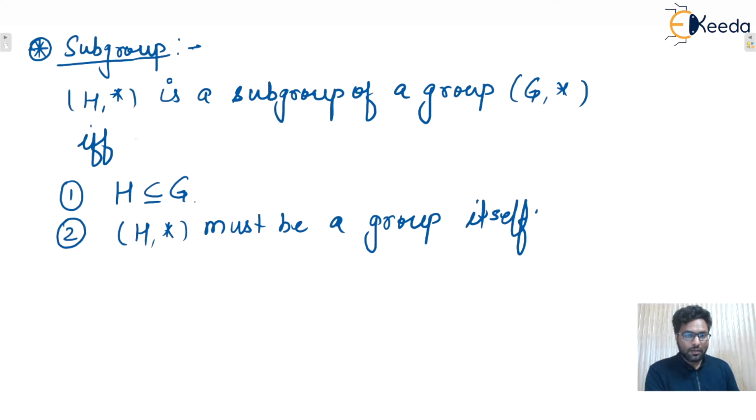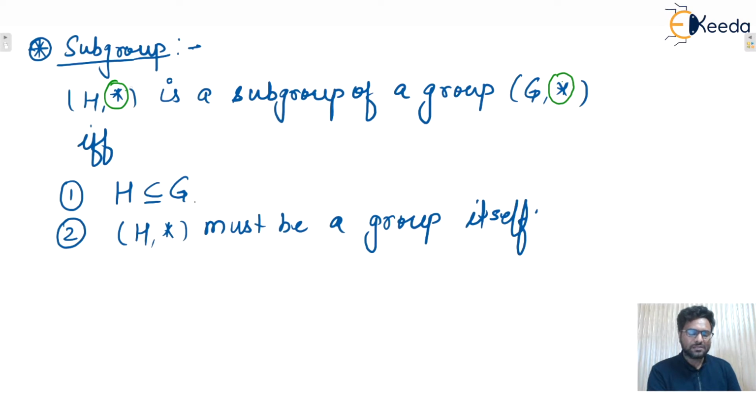Remember, in the case of a subgroup, at both places the binary operator is star only. That means any group and its subgroup both have the same binary operation, isn't it? H must be a subset of G and H must be a group itself.